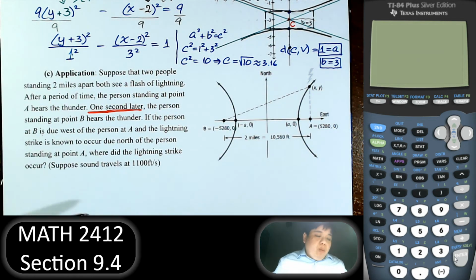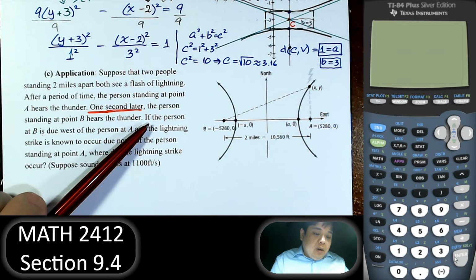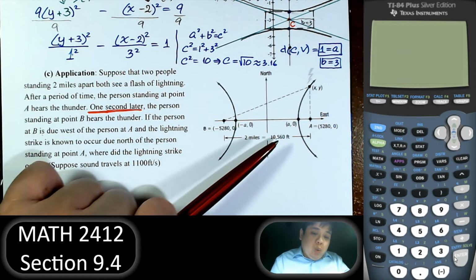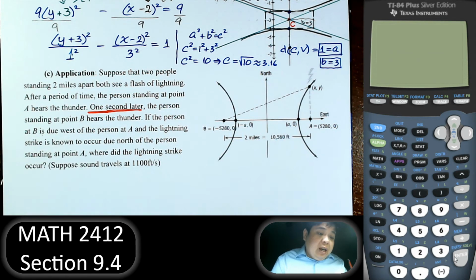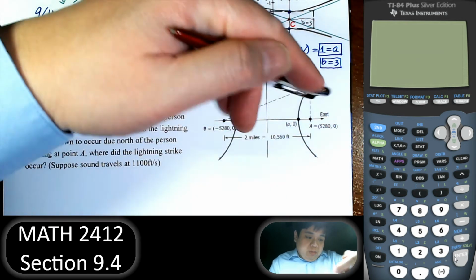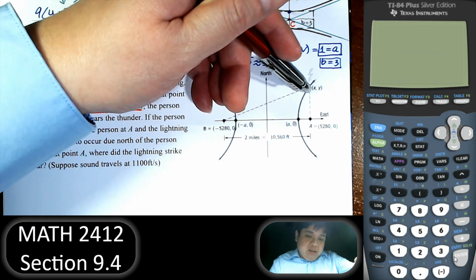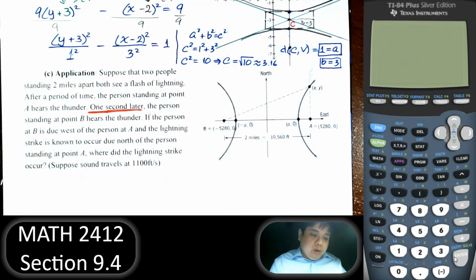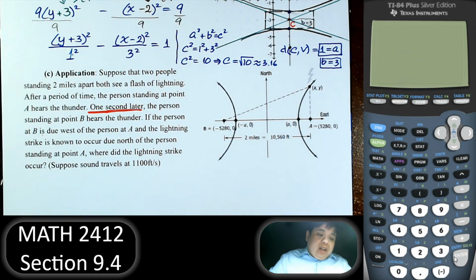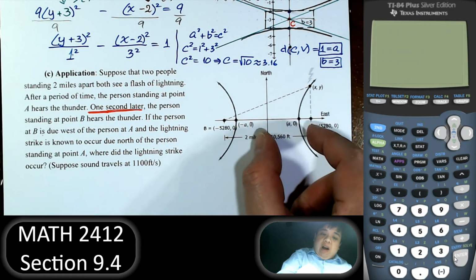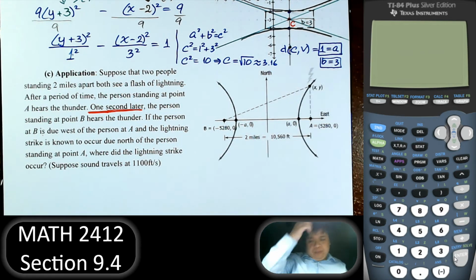If the person standing at B is due west of A, and the lightning is striking at a point that is not A, where did the lightning strike occur? So we should find the x coordinate and the y coordinate for that.